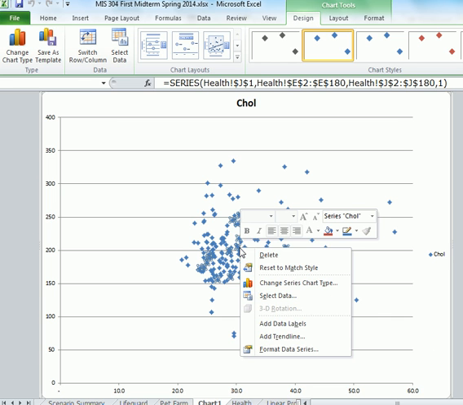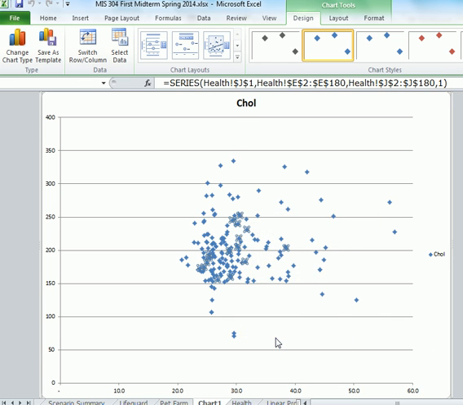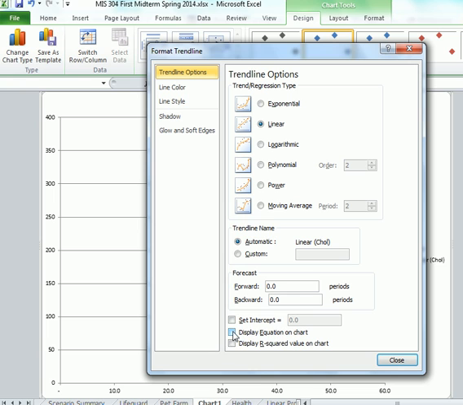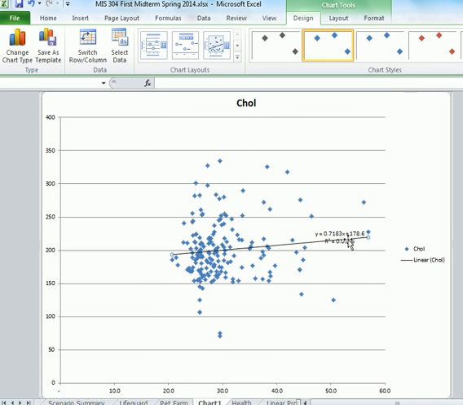And now I need to insert a trend line. So I right click and say insert a trend line, and I want to display the equation and the R square. And you can see the R square. What is the cutoff for the R square? What did we say the cutoff for the R square is? Close to 1 means perfect correlation.